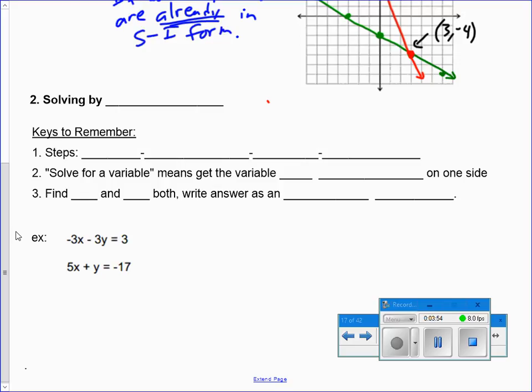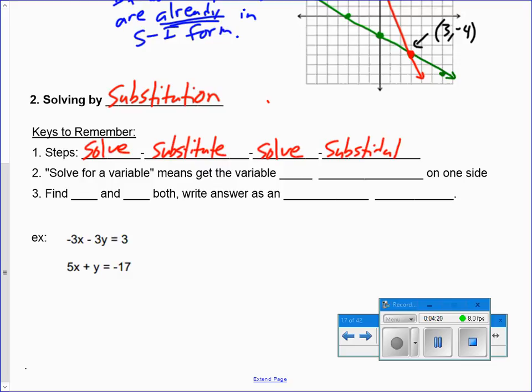Second way we learned was to solve by substitution. Alright, so remember the steps, it was the same steps repeated. So we solve for a variable, substitute that expression into the other equation, solve, we get an actual value for one variable, and then substitute that value in to find the missing value.